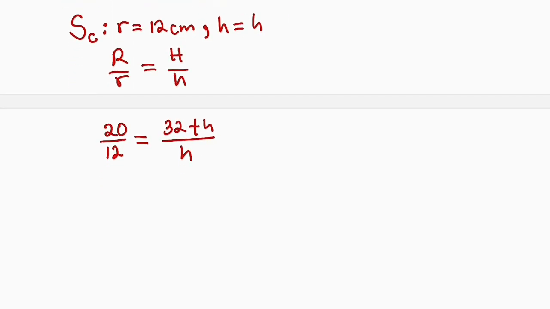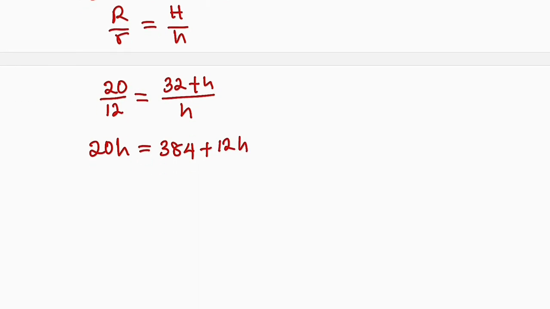By cross multiplication, we have 20h equal to 12 times 32, which is 384, plus 12h. Taking 12h to the left-hand side, it becomes negative, and 20 minus 12 is 8.